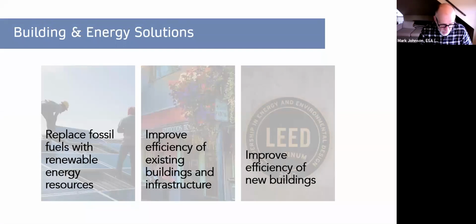Moving on to the next one, we have the energy efficiency of improving efficiency of existing buildings. And here, what we're talking about is retrofits of existing buildings. Again, because of the changes that the Clean Energy Bill does for us, electricity becomes carbon neutral.